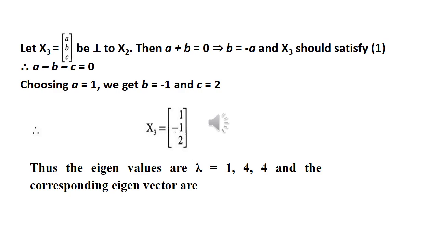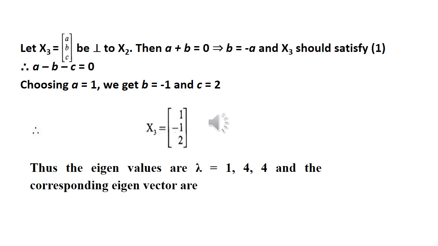By solving this, we get a plus b equal to 0. From this, we get b equal to minus a. Also, x3 should satisfy a minus b minus c equal to 0. Here, if we take a equal to 1, we get b equal to minus 1 and c equal to 2. So we found x3 equal to 1, minus 1, 2.